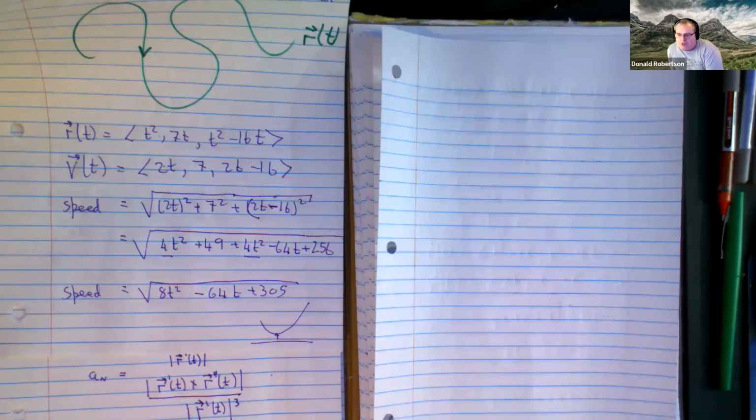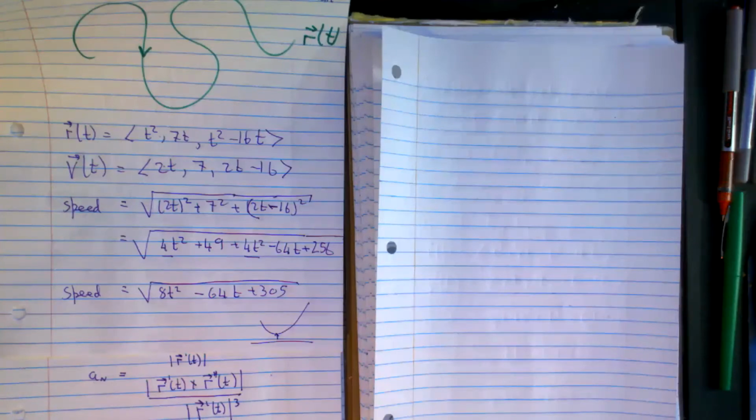Okay, in Calc 1, how did you find the minimum value of a function? What did you do in Calc 1 to find the minimum value of a function? I'm just kind of guessing here, but find its limit to infinity.